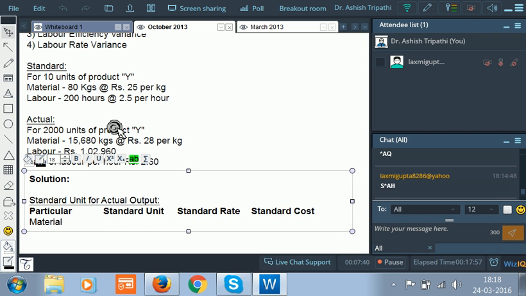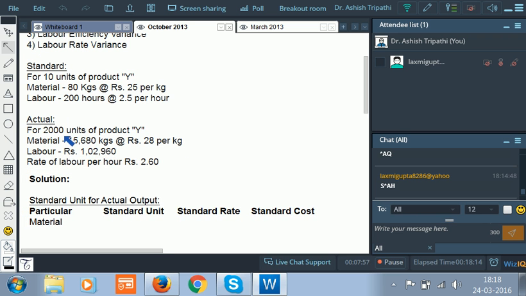Standard for 10 units of product Y, material is 80 kg, but the actual output is 2000 units. We cannot compare 2000 units with 10 units. You cannot compare this actual with the standard.